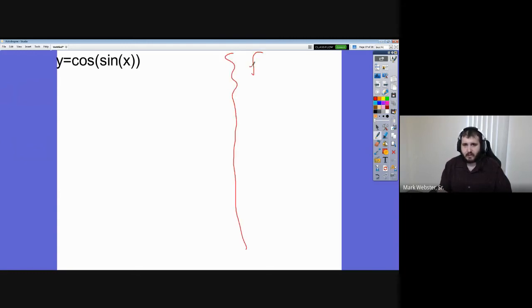So we've got our f of u, and our outside function is cosine. So we've got cosine of u. Our f prime is negative sine. And now we've got our u, which is our inside function, which is sine. And the derivative of that is cosine.